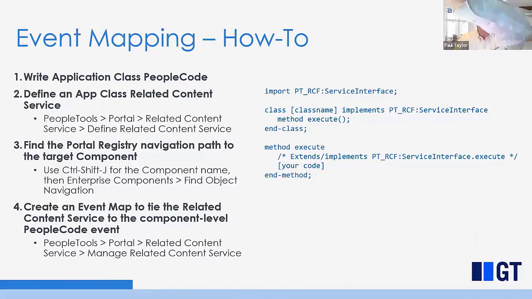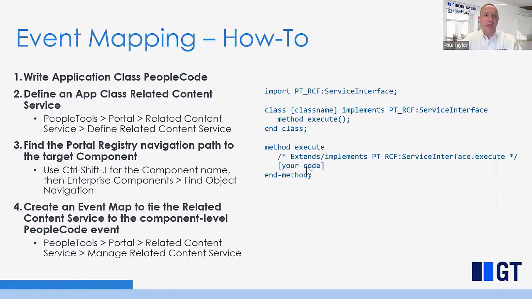You begin by writing some application class PeopleCode. And you do want to start with a specific template, and that template code is right here on this side. You're going to import and then implement a service interface class that's delivered by PeopleSoft.